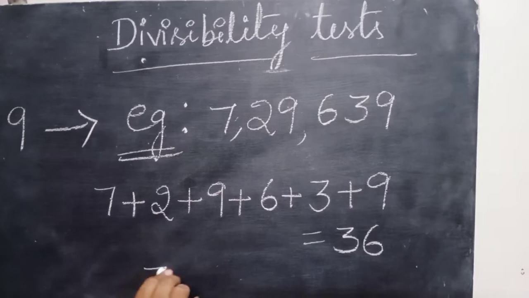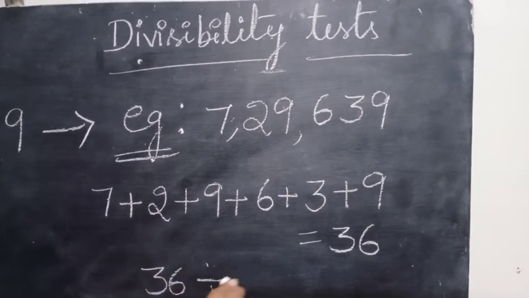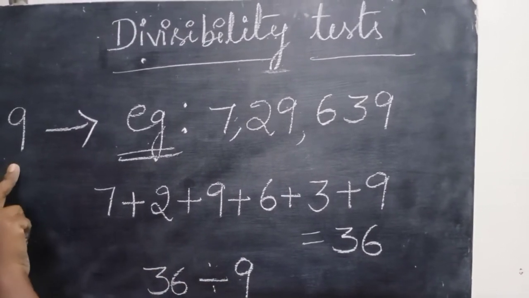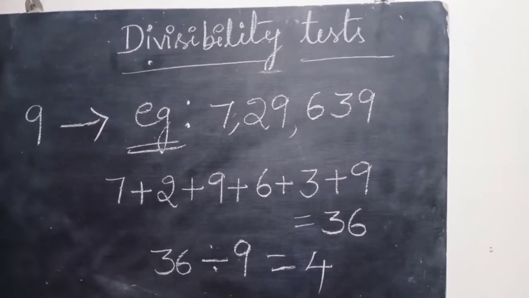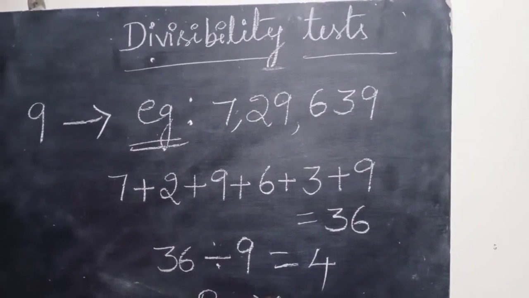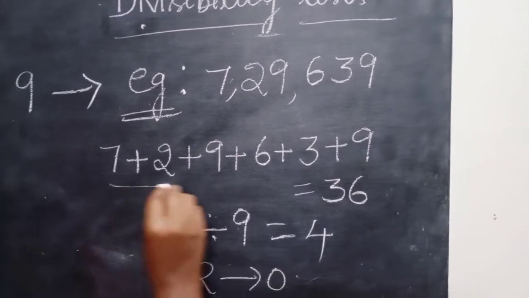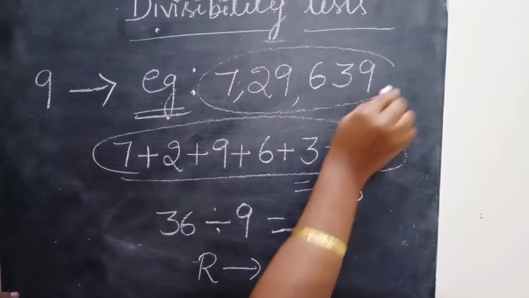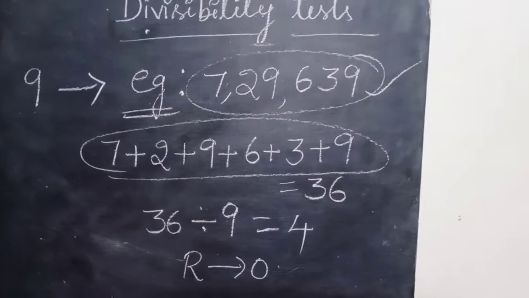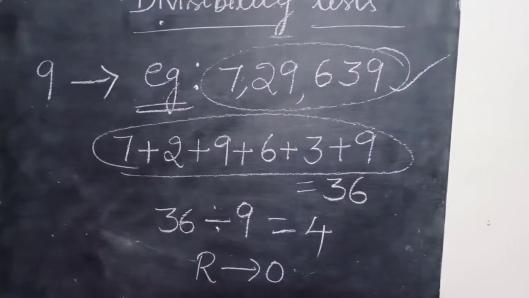So is 36 divisible by 9 or not? 9 fours are 36, so the remainder is 0. So if the sum of the digits is divisible by 9, the total number is divisible by 9. Clear, children? Understand? Then the next one.